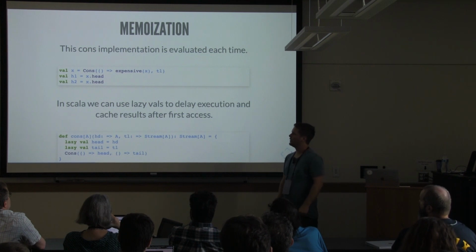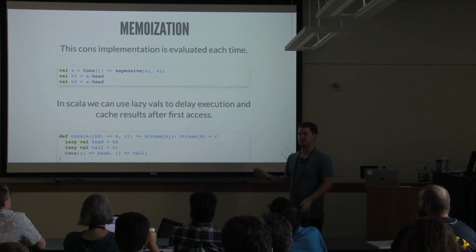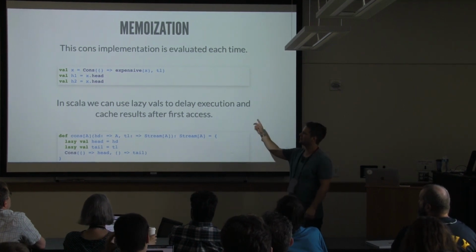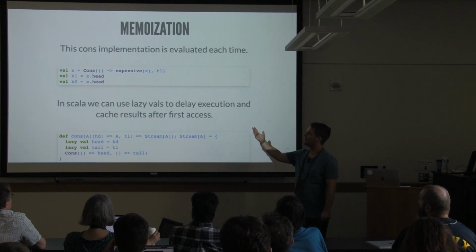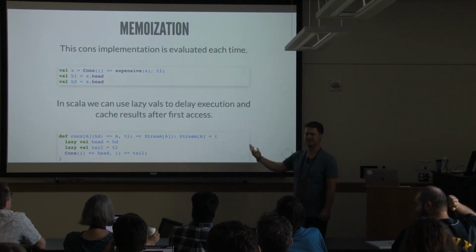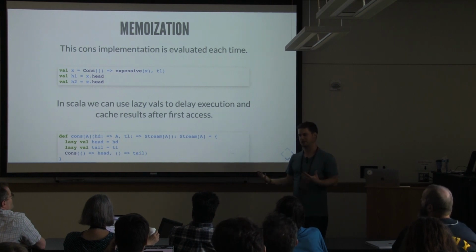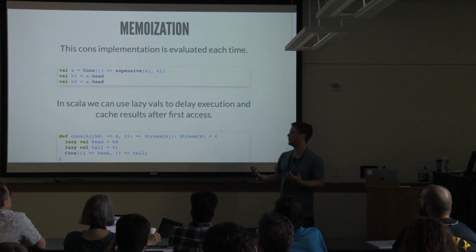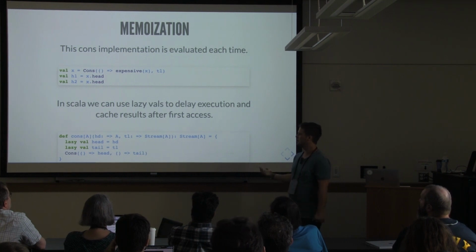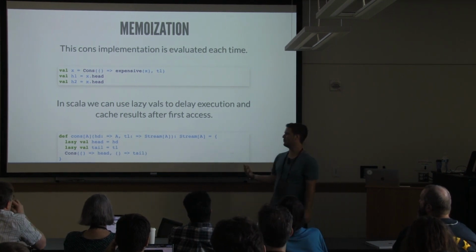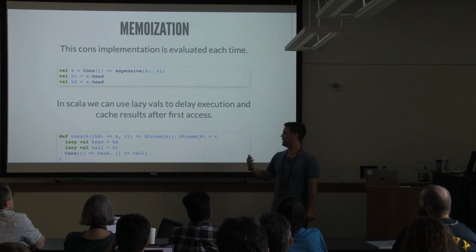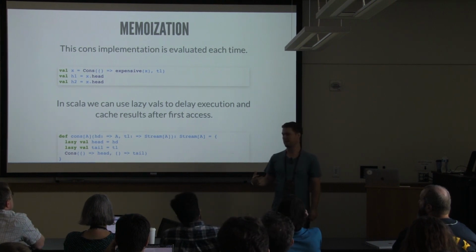One thing to note about streams in general is that, with the way I implemented it previously, if you were to have an expensive operation in your head, for example, every time you reference that, like h1 and h2 both reference x.head, it would be recomputed each time. So this is often not desirable. In Scala, we have a way to tell the runtime we want to memoize or cache that value once it's referenced.